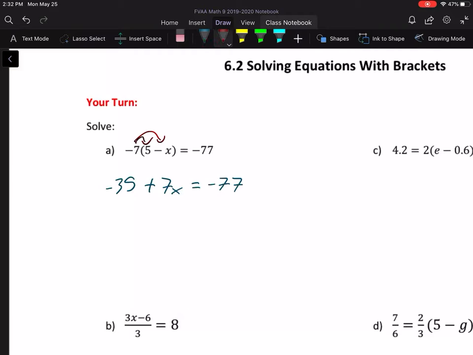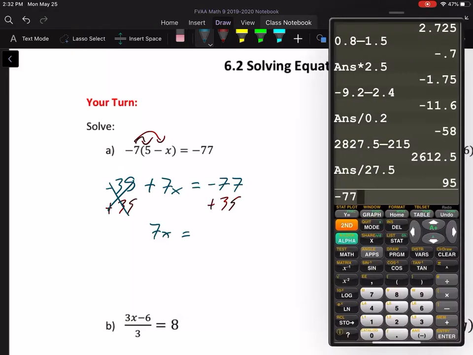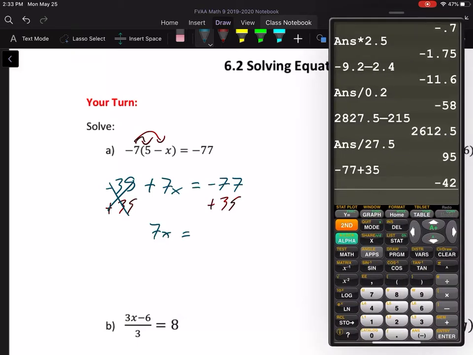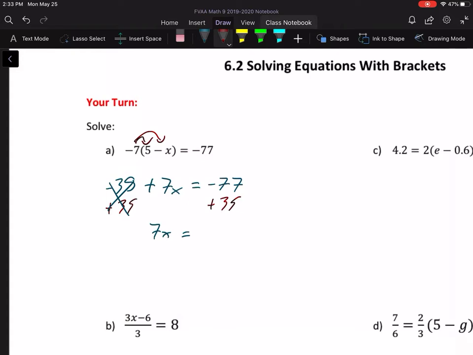And then from there, you're just doing your algebra. 7x is equal to negative 77 plus 35, which is negative 42. Divided by 7, I get x is equal to negative 6.